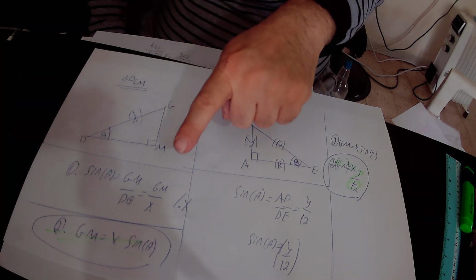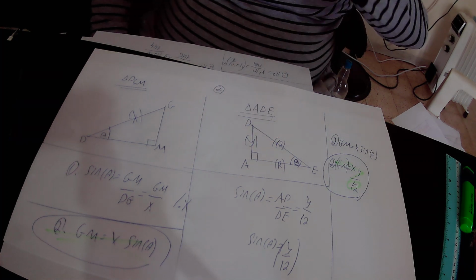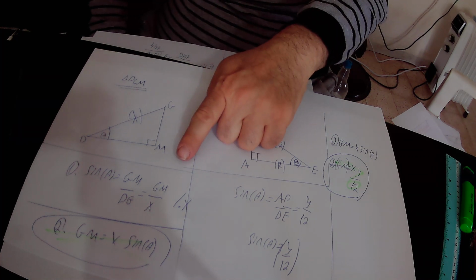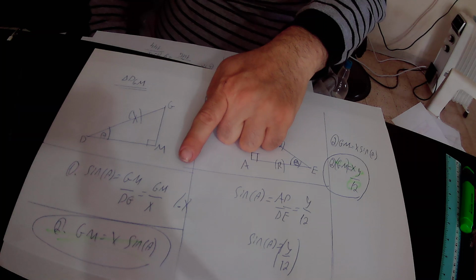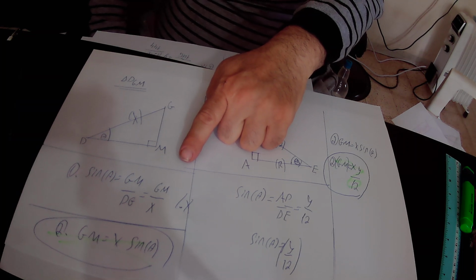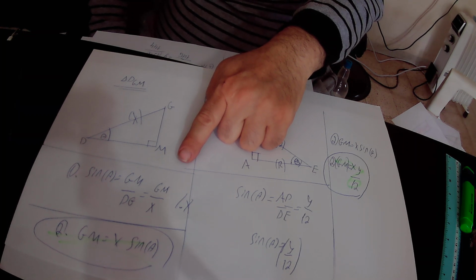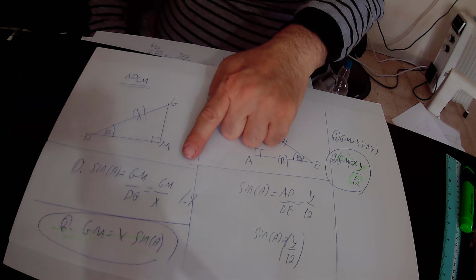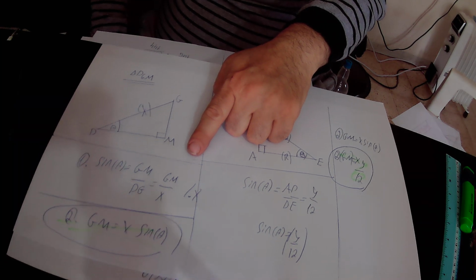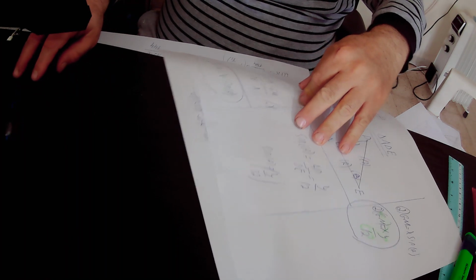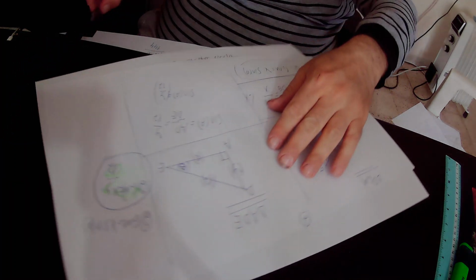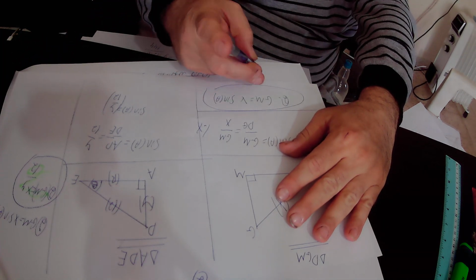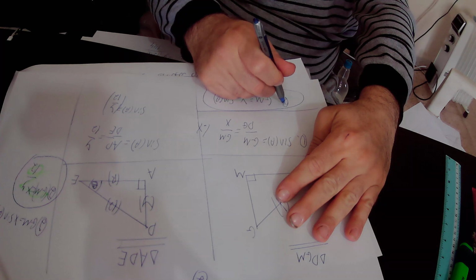DG is x, so substitute DG by x. So in conclusion, we found out that sine theta equals GM over x. We multiplied this equation by x, and finally found out that GM equals x times sine theta. This is according to equation 1.